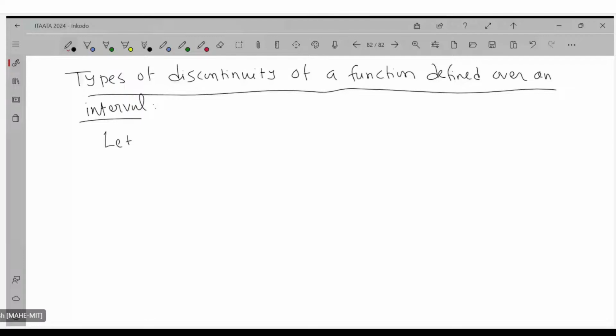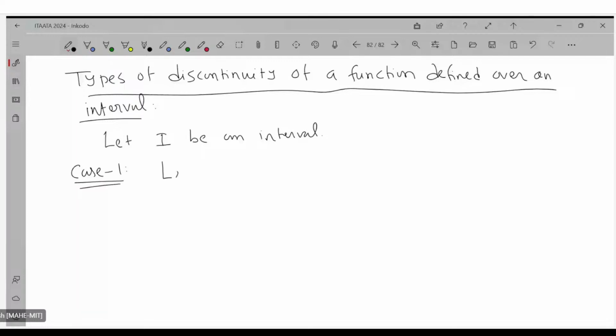First we will consider, let I be an interval. So case 1 we are considering now.